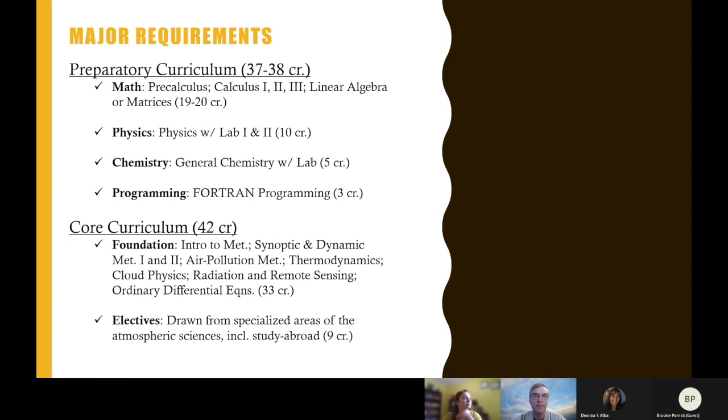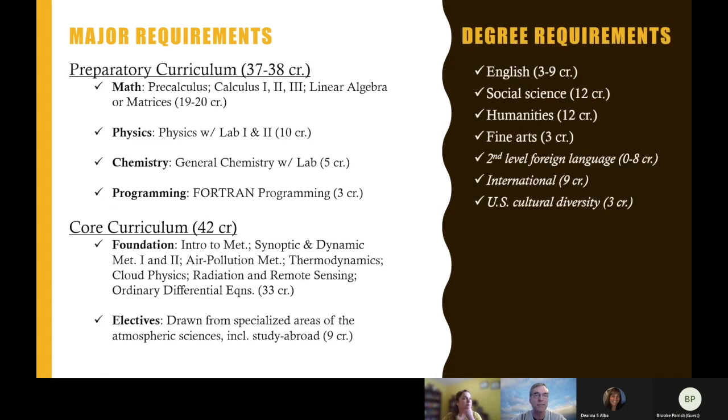Traditionally, we've worked with the computer science department to have our students learn Fortran programming in an introductory course. We may be shifting to Python in the near future because that's a language that's becoming more important in our field and of course outside of our field as well. But basically understanding how to program a computer is a really important part of what we do.